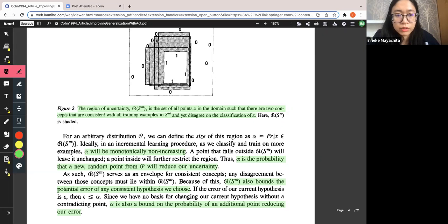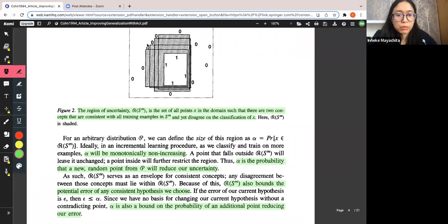Imagine if we just do random sampling, the naive approach. We will reach a point where, as we keep sampling, it will just sample from outside this shaded area, so that will be inefficient.